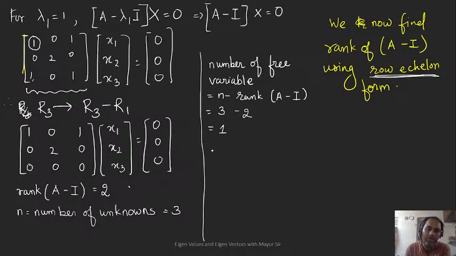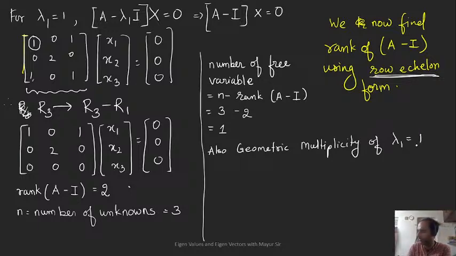We will see that. Also, the geometric multiplicity of lambda 1 equal to 1. What is this? This is the most important concept.